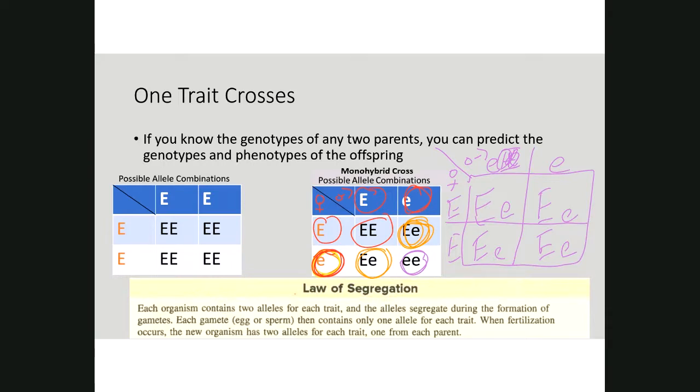Each gamete, egg or sperm, contains only one allele for each trait, which is why we list them separately. When fertilization occurs, the new organism has two alleles for each trait, one from each parent, and it can be random. That's why we give each one of the gametes a chance to fertilize all the other gametes.